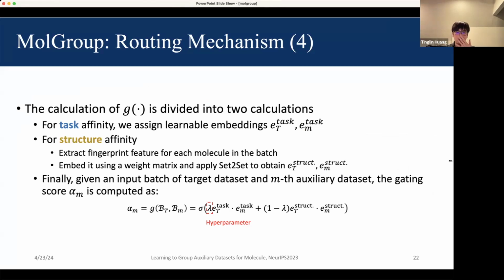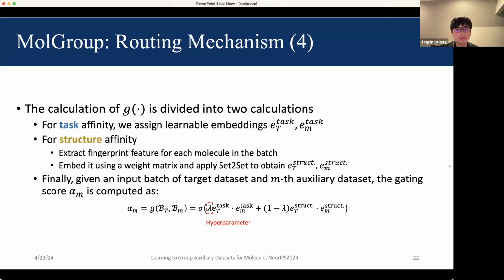I try to answer the question, hope that helps. I think for the gating score, the task affinity and the structure affinity will dominate the gating score calculation.